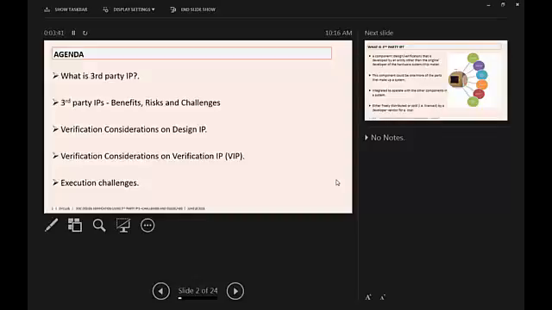So what are your verification considerations on the design IP? And the next bullet, we will talk about verification considerations on the verification IP. With all these things done, we'll also talk about some of the execution challenges known through our past experience. So I hope we'll be able to make use of that in a larger community.